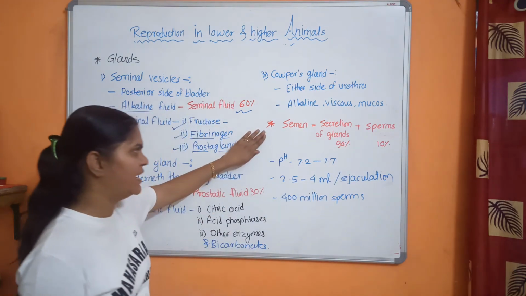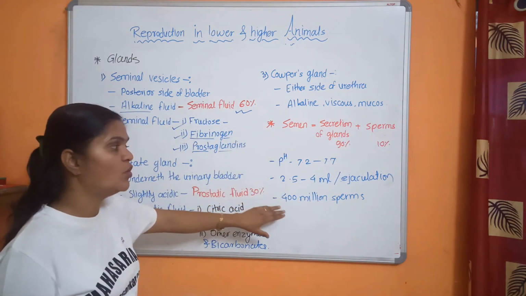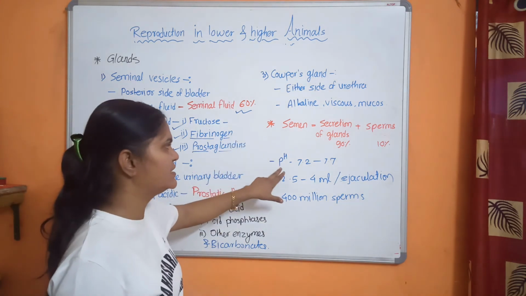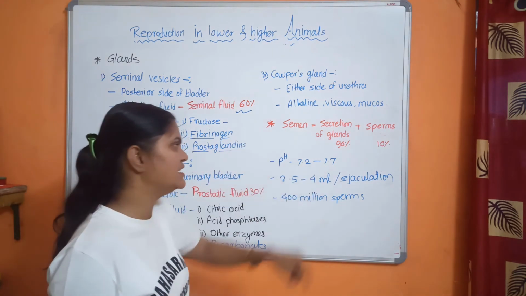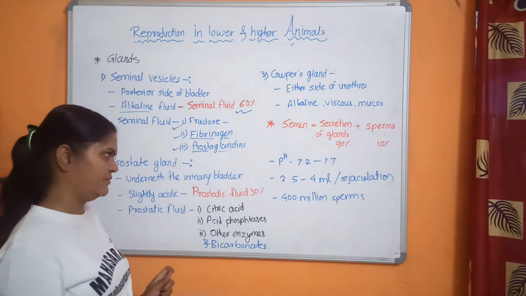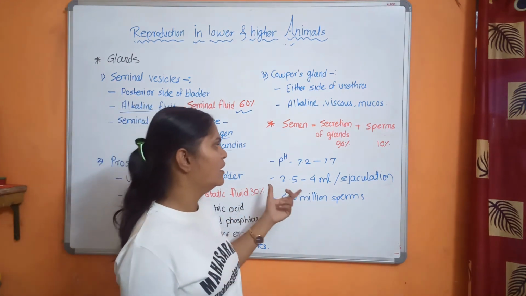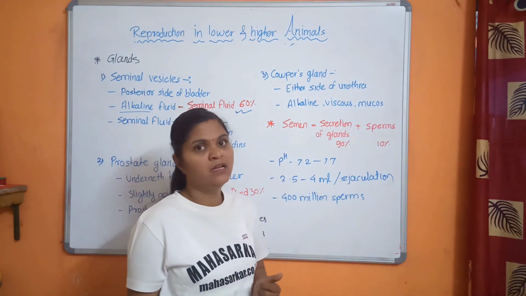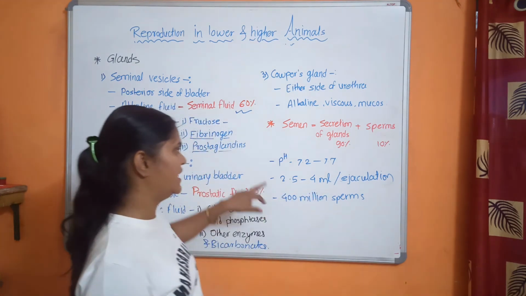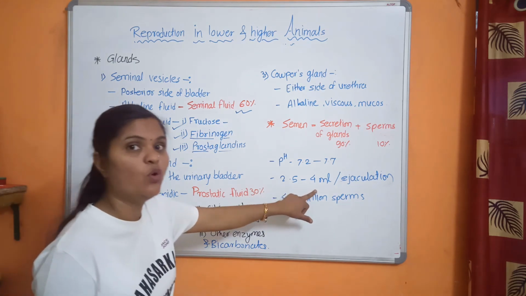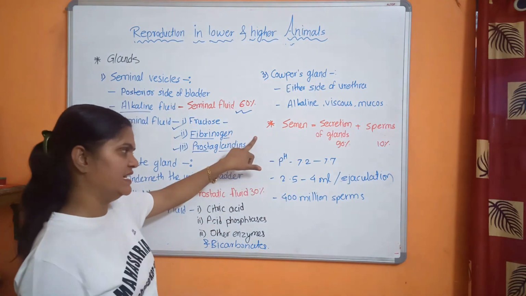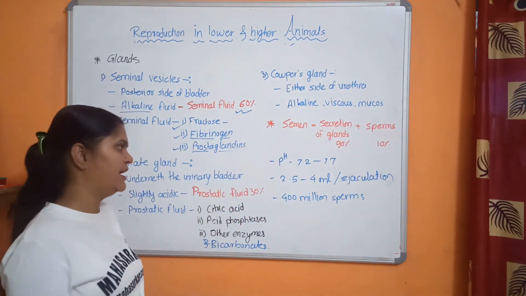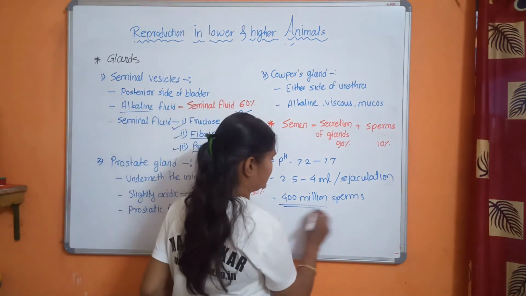In semen the pH is about 7.2 to 7.7, slightly alkaline. Per ejaculation, 2.5 to 4 ml of semen is released, and in that semen there are about 400 million sperm cells.